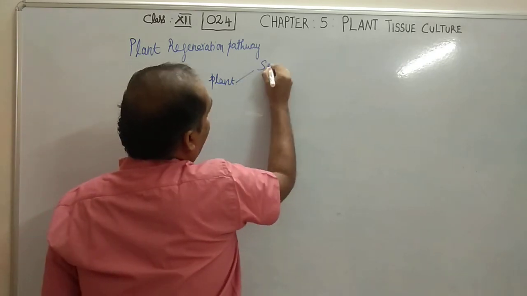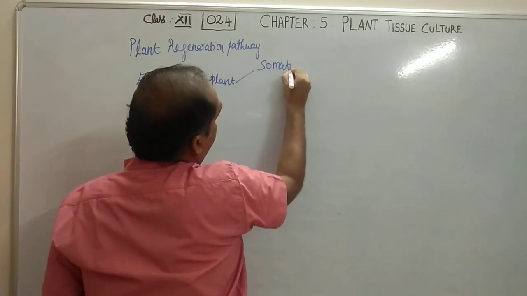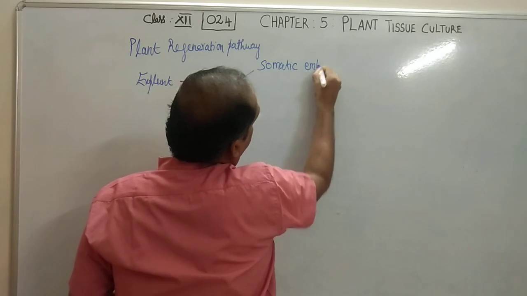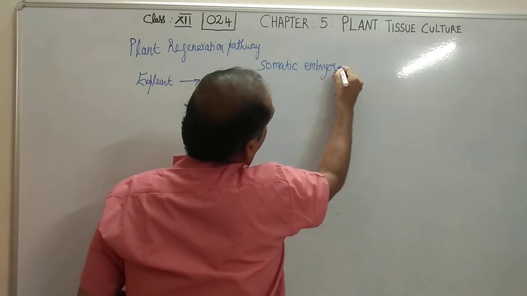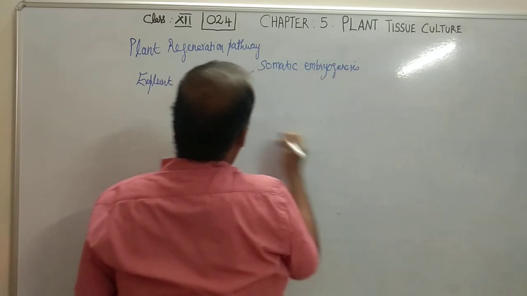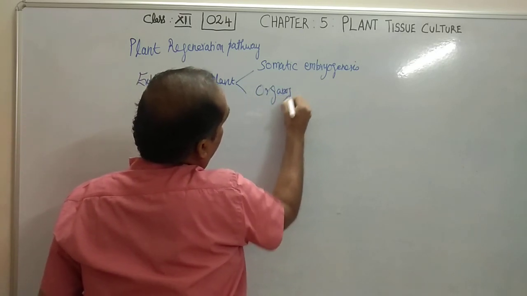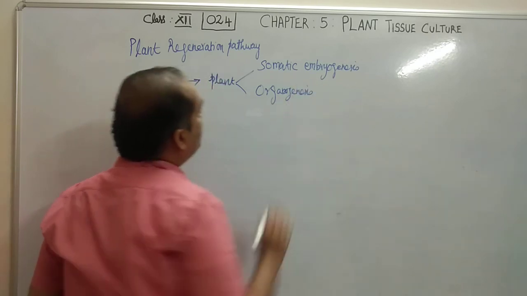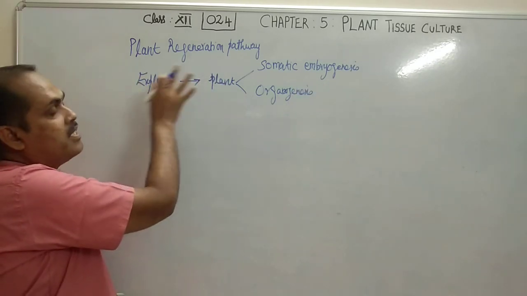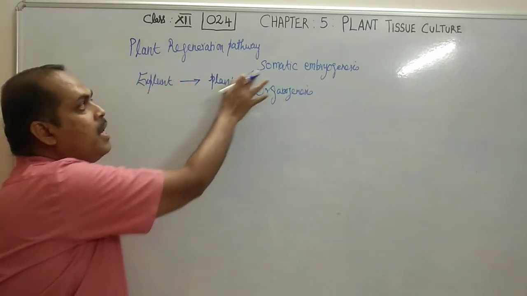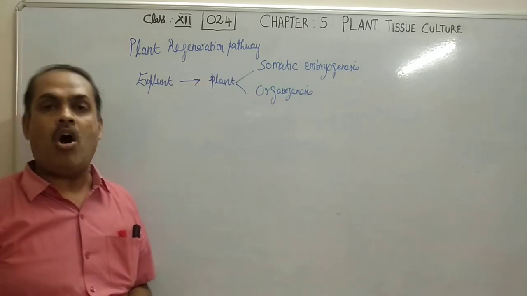One is somatic embryogenesis, another one is organogenesis. Let us see how an explant is developed into an entire plant by somatic embryogenesis and organogenesis.